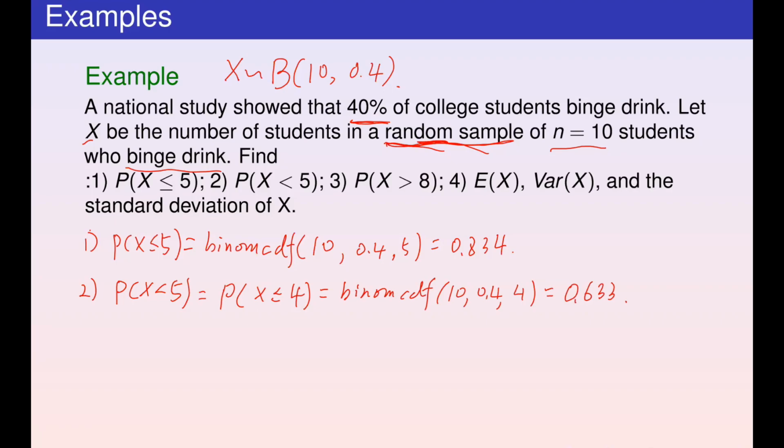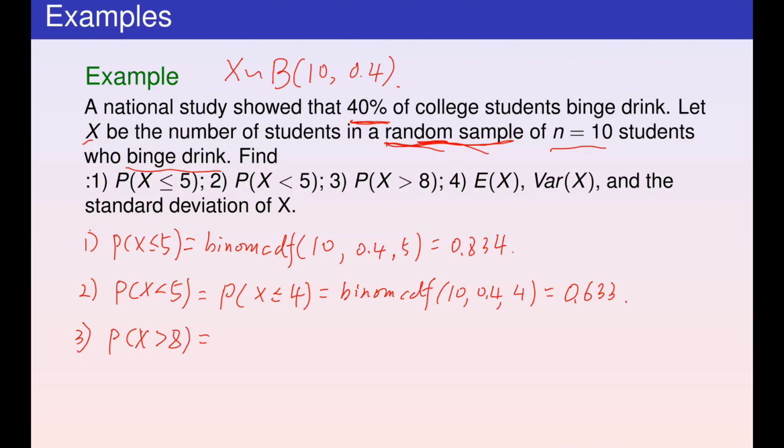Now, the probability of X greater than 8. Anybody can find this, please? Well, you have to be careful.